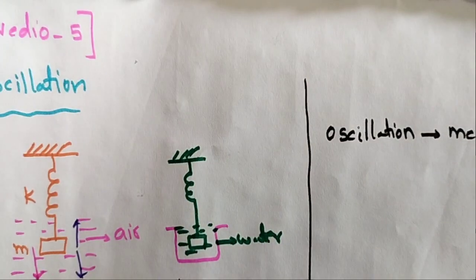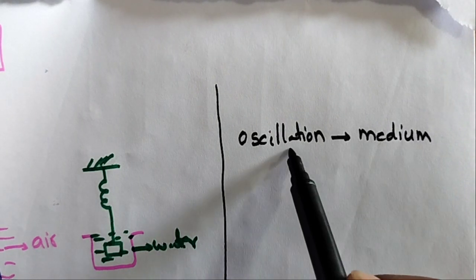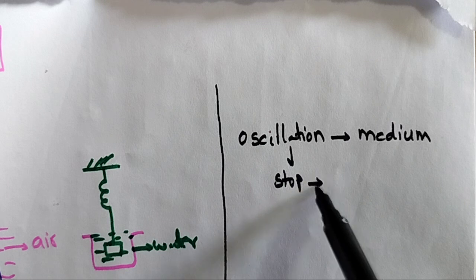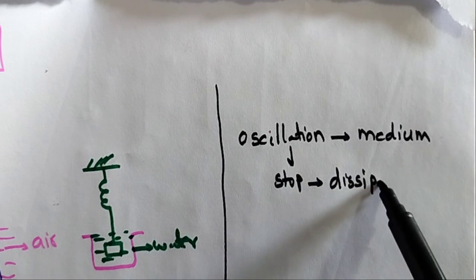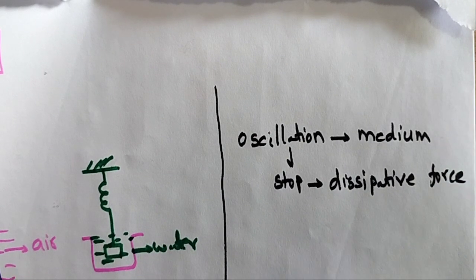When oscillations occur in a particular medium, they will stop. What is the reason? Some dissipative forces are acting.